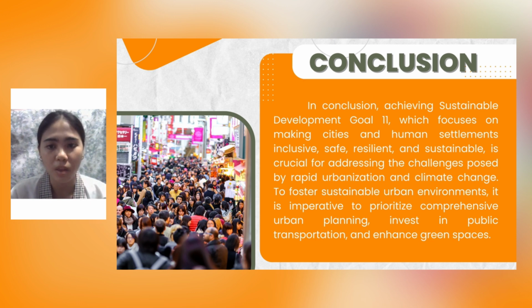By focusing on these key areas, cities can work towards a more sustainable future that meets the needs of the growing populations while protecting the environment. As we move forward, let us remember that our cities are not just places to live.